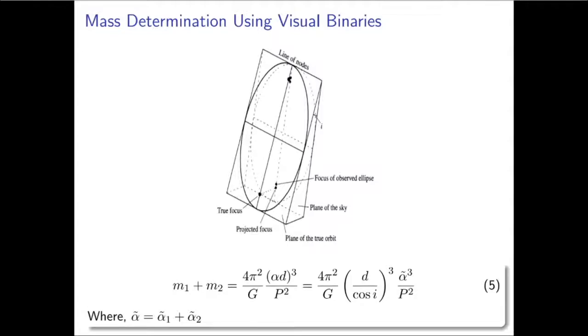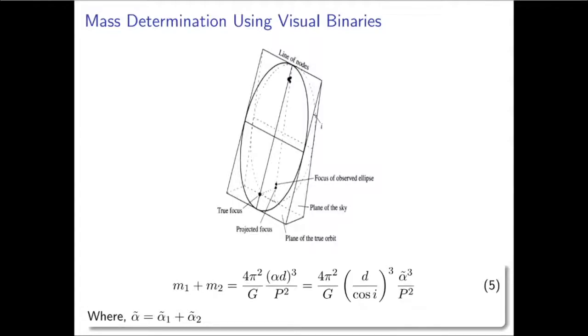So the question is how you can actually find the angle of inclination. You can find it by noting the apparent position of the center of mass of the system. You can easily figure out the apparent position of the center of mass, and by noting what angle is subtended between the center of mass and the stars, and by using that position method and geometry, you can find the angle of inclination of the system.